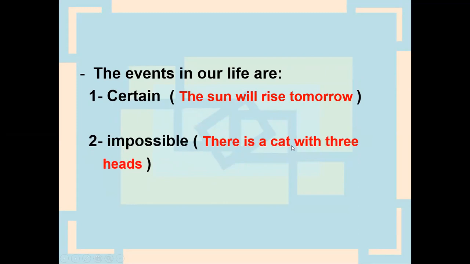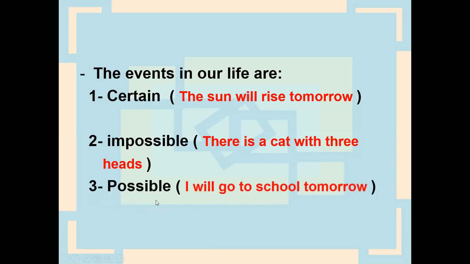Example, there is a cat with 3 heads. Of course there are no cats with 3 heads. It's impossible. And the third type of events, possible. Example, I'll go to school tomorrow. Maybe I'll go or not. This is possible. The three types of events are certain, impossible, and possible.